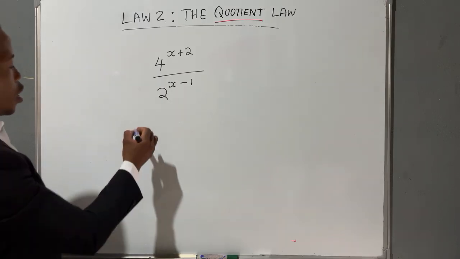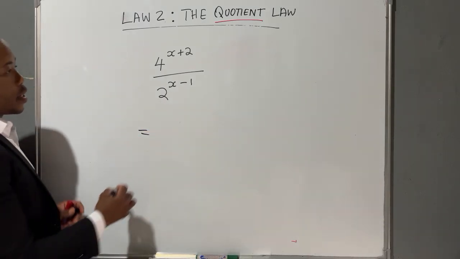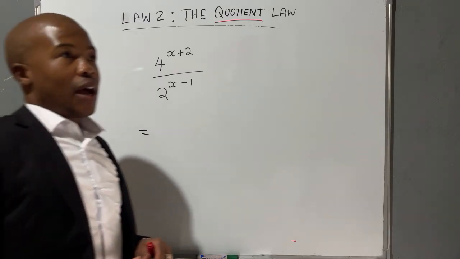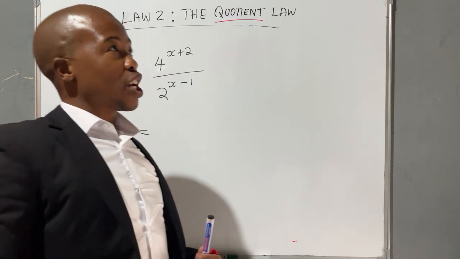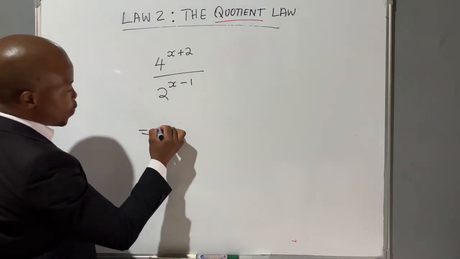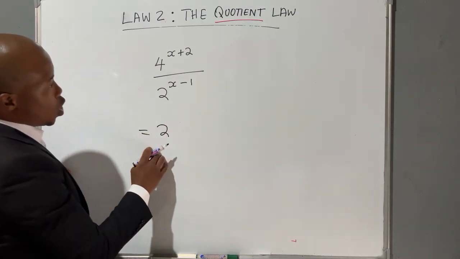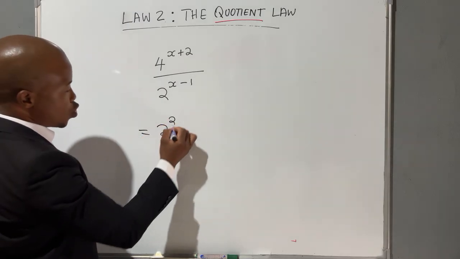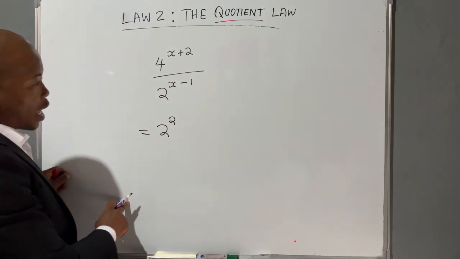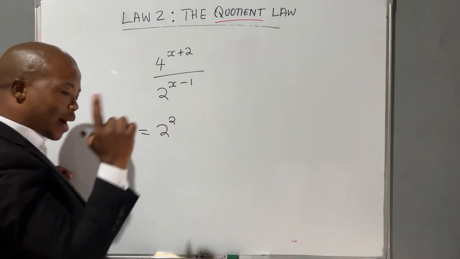Let's look at this question. This 4 here can still be changed into an exponential form. This 4 can still be written as 2 to the exponent 2.